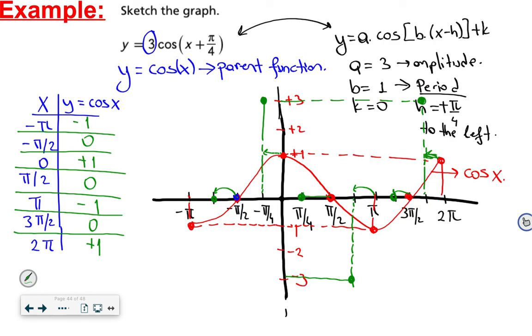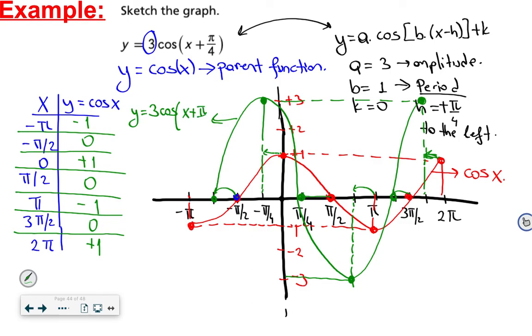The green one is going to become the graph of the transformed function. Here we go. So this is the graph of y is equal to 3 times cosine of x plus pi over 4. Each point in the original function moves pi over 4 left.